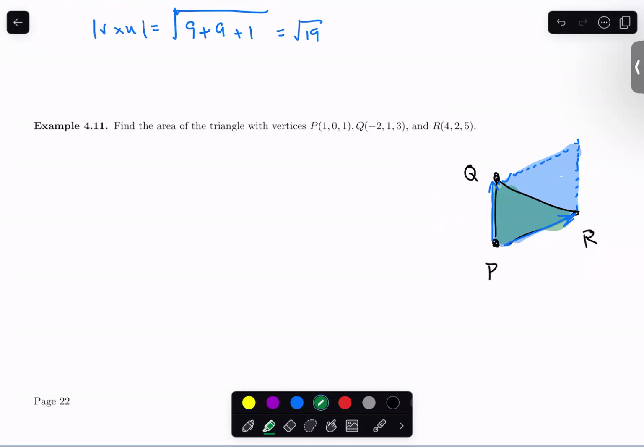Once we find the area of the parallelogram, we just multiply by what? 1/2. So that's going to be the game here. We can find the area of a triangle just by doing the same technique, but then multiplying by 1/2 at the end. So let's do this one together.